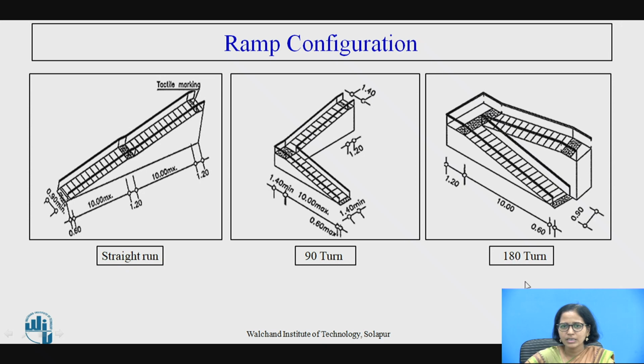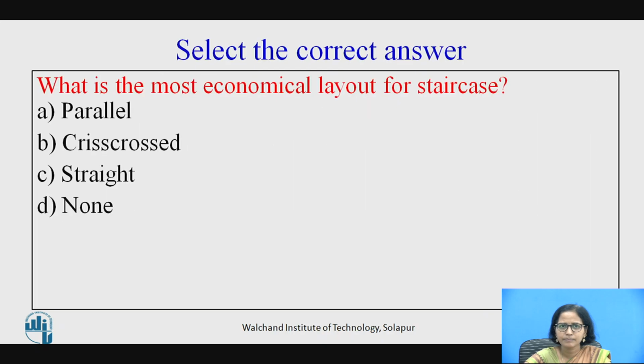Whereas if you see the 180 degree turn, the landing provided is 1.2 meters, the length of the tread is 0.9 meters and the horizontal span is 10 meters, over which the ramp will be provided. So these are the configurations for the different types of turning in the ramp.